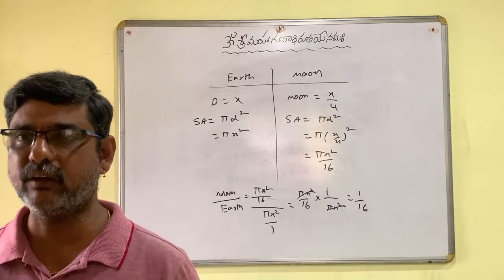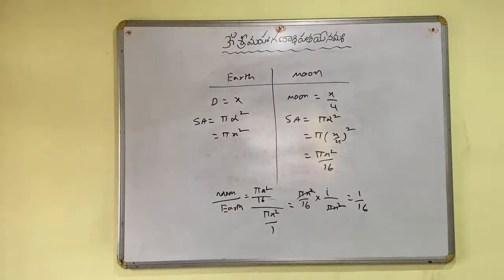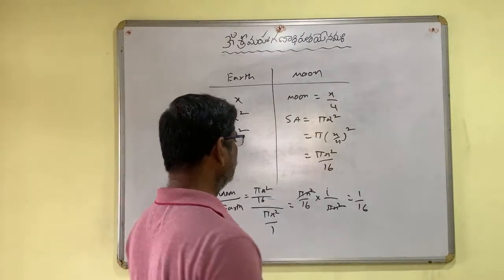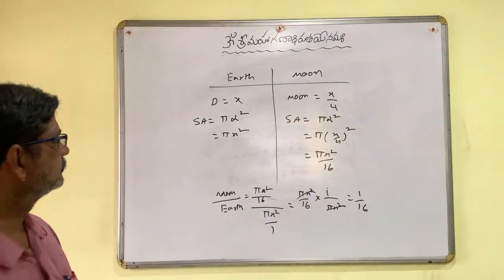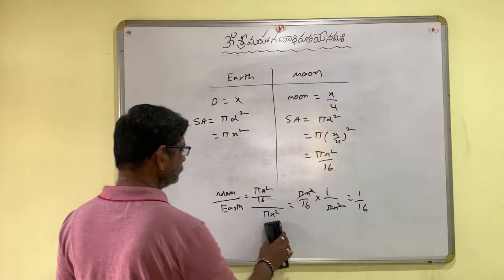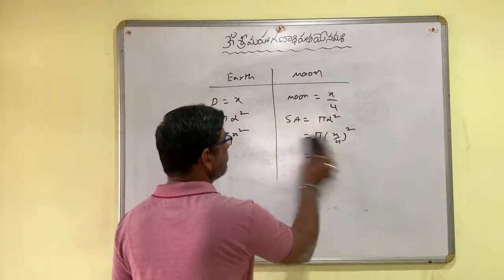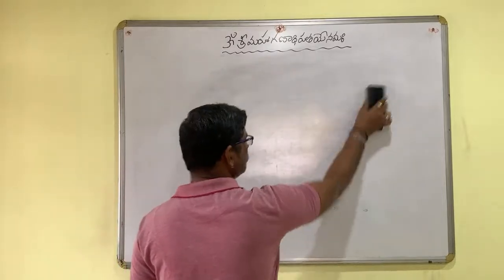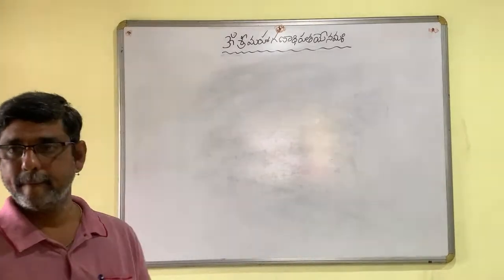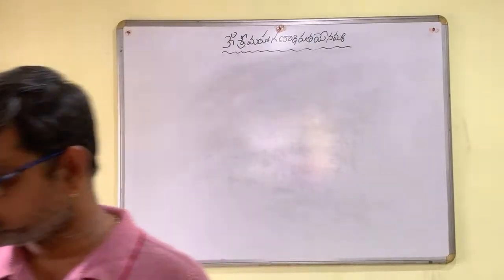So the ratio is 1:16. Understand, children? Okay. Next question.